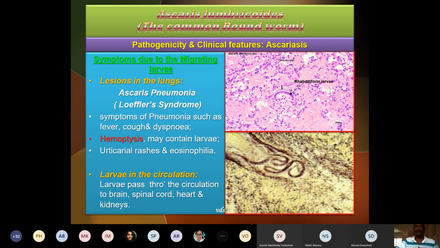And because they are growing worms, they also release toxic metabolites that lead to an anaphylactic reaction, where we may observe urticarial rashes and eosinophilia. Okay, then larvae localization. Larvae pass through the circulation to the brain, spinal cord, heart, and the kidneys, which may lead to ectopic ascariasis.